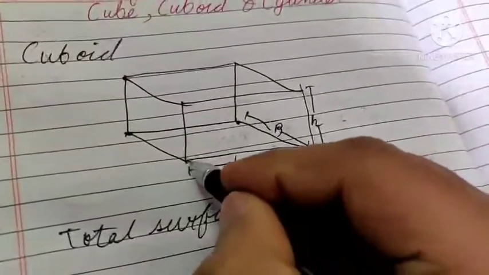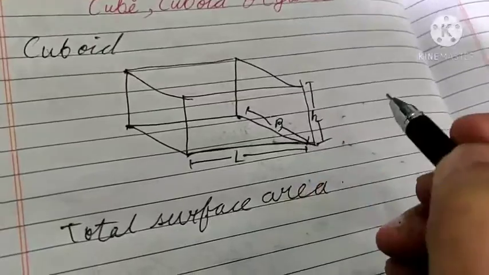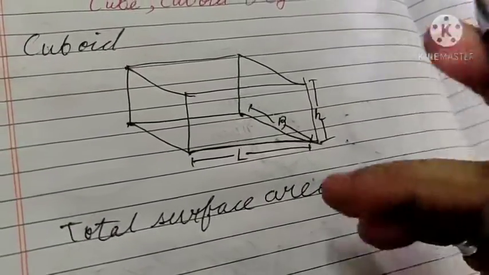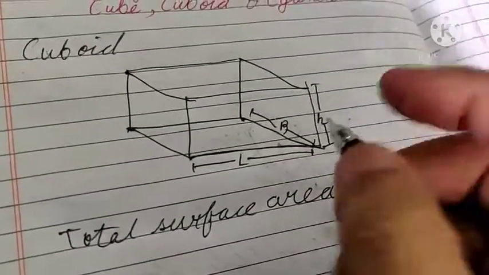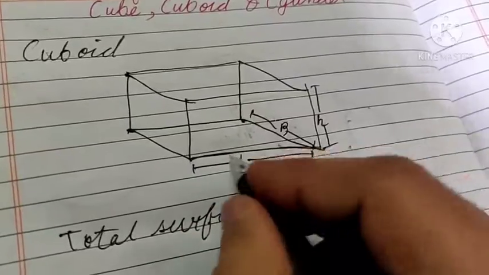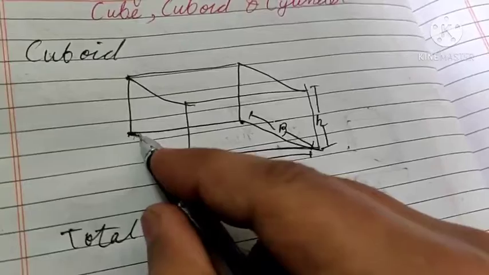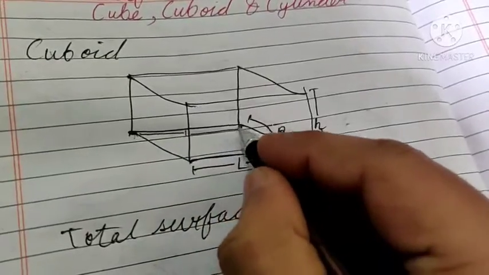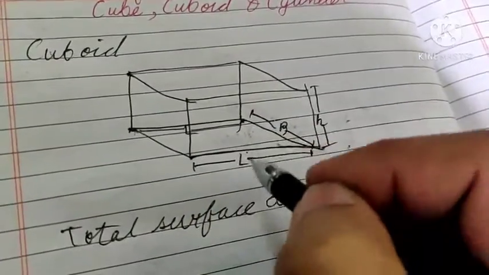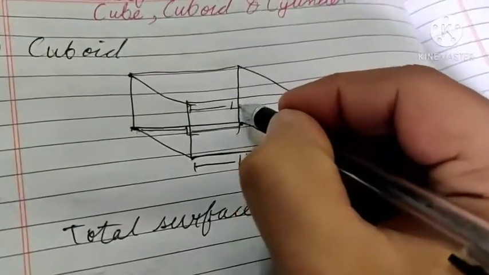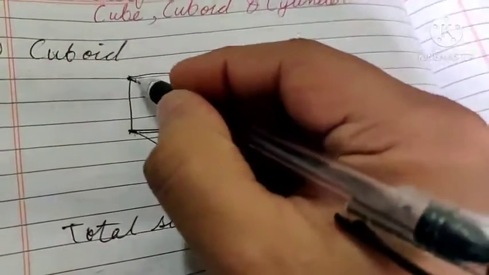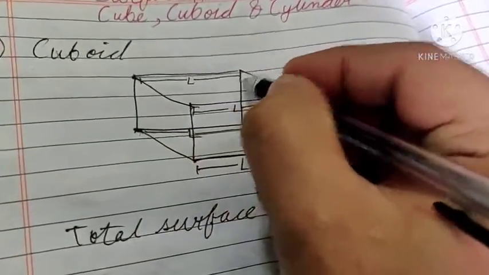Look, in a room, if you see the floor, it has a length and a breadth. Then this length is this length also. Okay, this is also the length of the floor. Here this is also the length, and this is also the length.